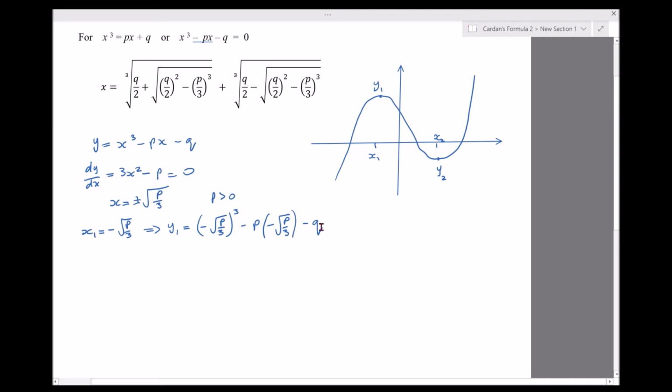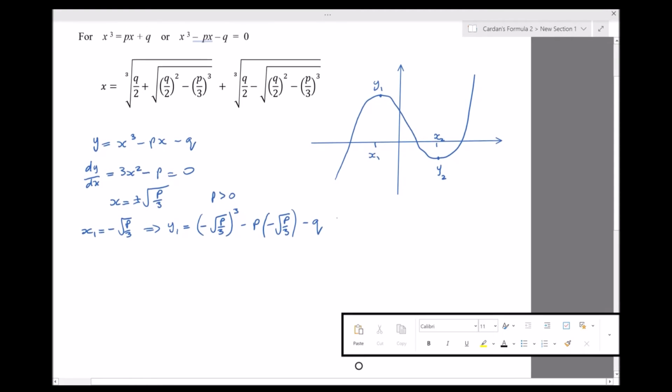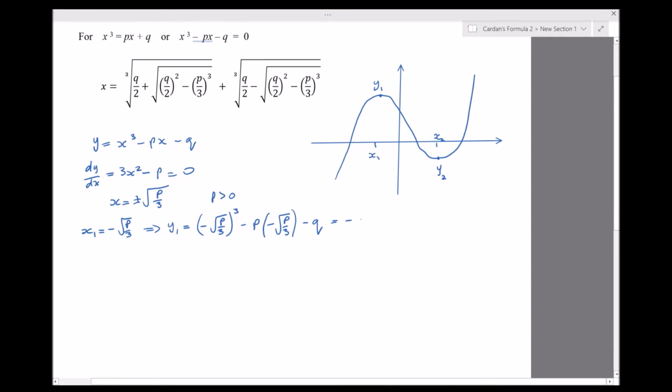A little bit of algebra will tell us that this is actually equal to minus q plus 2 root p over 3 cubed.